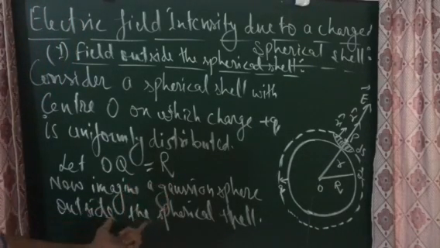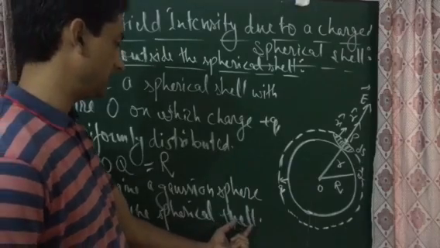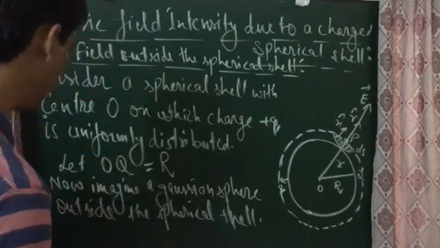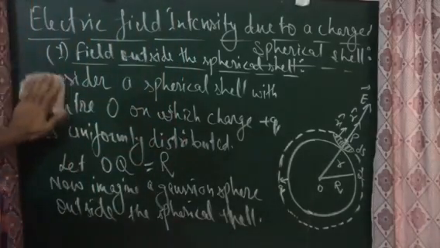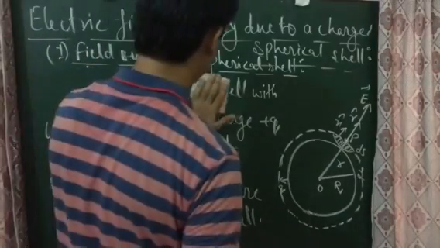So imagine a Gaussian surface outside the spherical shell, and on this surface we consider a small area element ds.